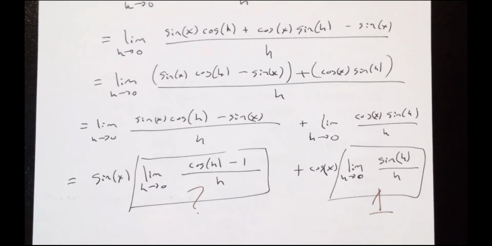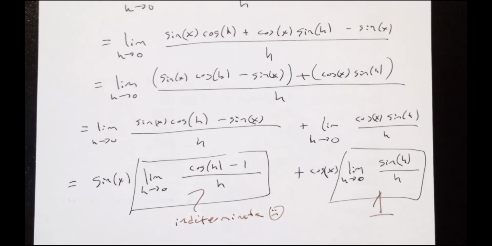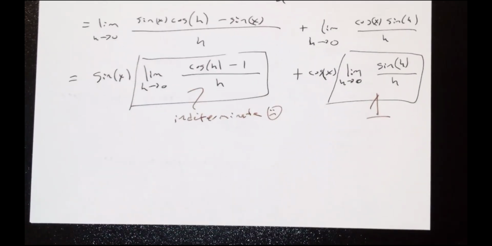So that's an indeterminate form, and that means I have to fix it. I have to determine it somehow. So I'm going to step off for a moment, grab another sheet of paper, and I'm going to do just that part.